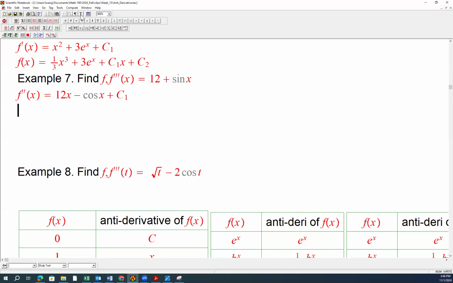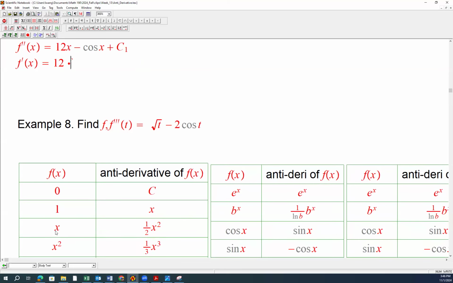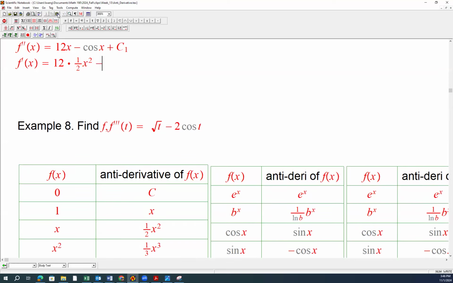And then we're going to find the first order derivative, equals 12 times the antiderivative of x, which is half x squared, minus what's the antiderivative of cosine x? That's sine x. And the antiderivative of C1 is C sub 1 times x, then we plus C2.